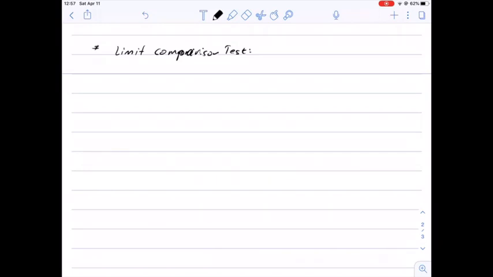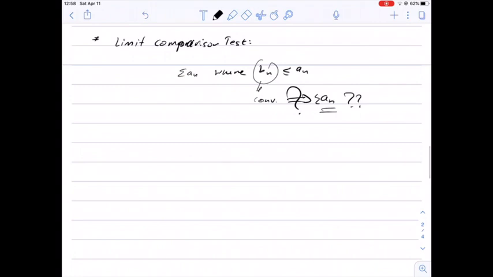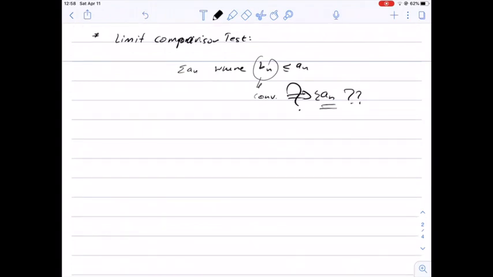For example, if we have series a sub n where b sub n is less than or equal to a sub n, we could find a smaller series, but this is convergent. What can we say about the series a sub n? In this case, we can't tell anything about this series, so we need the limit comparison test.